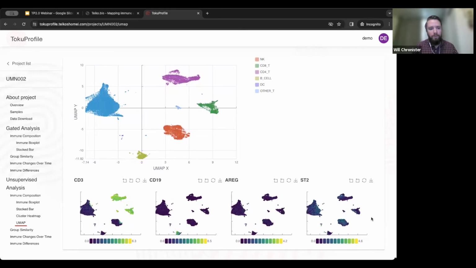So right now the tool allows you to select 4 markers at a time, and we're open to feedback. If you want the ability to do more, we can certainly look into that. But that's the functionality that we have right now, and we hope it's useful for pulling out more insights from this UMAP plot, and sparking new hypotheses about your data or your study that you're working on.